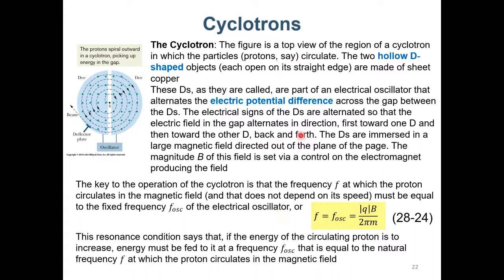Which means when the particle goes to here, the E field should point to the right, and after that the particle goes to here, the E field should point to the left instead. And go to here, the E field points to the right, the left, the right, and then the particle will become faster and faster, and carry more and more energy, more and more kinetic energy.